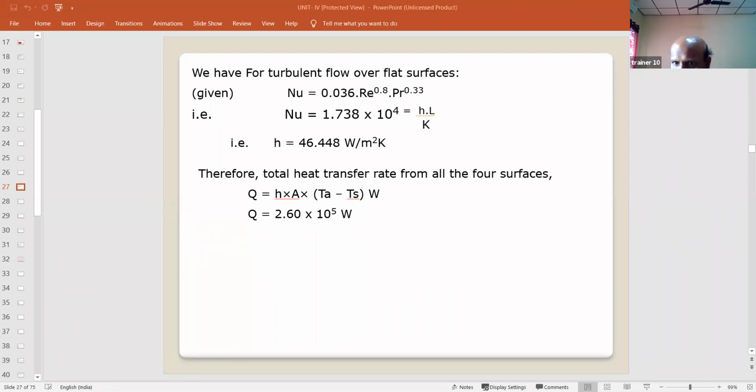LE 25 okay. LE 27 okay. 30 LE 30. LE 26 okay.